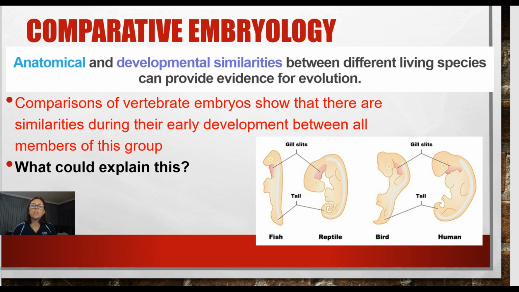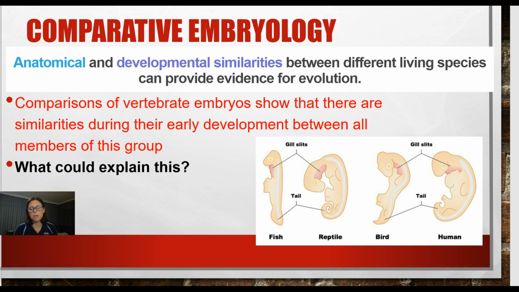So comparisons of all our vertebrate embryos show that there are similarities during those earlier stages of development, and this is indicating that perhaps once we have had a common ancestor, and from that common ancestor brings about those similarities, but then the branching changes as we progress in that developmental stage, again indicating those branches of development separating similar to those other organisms that we've had.